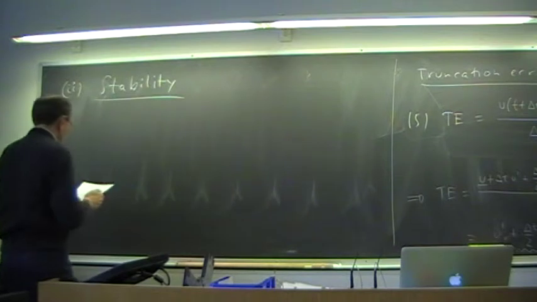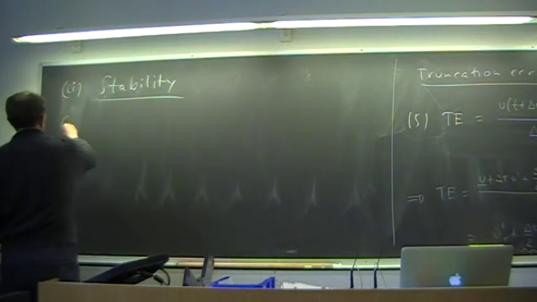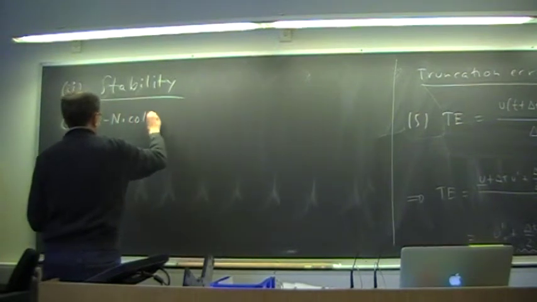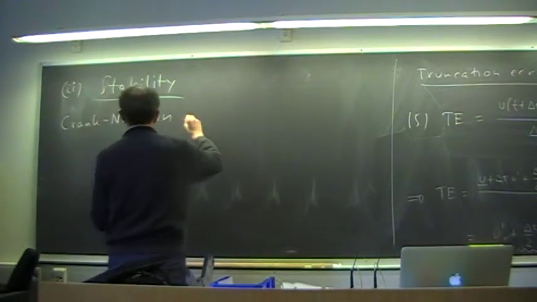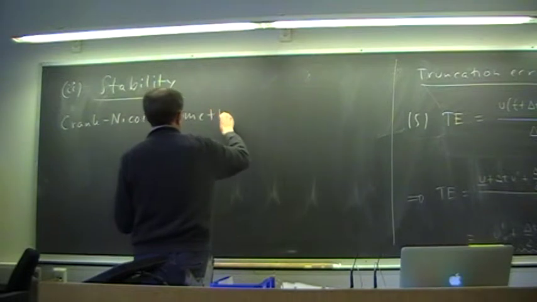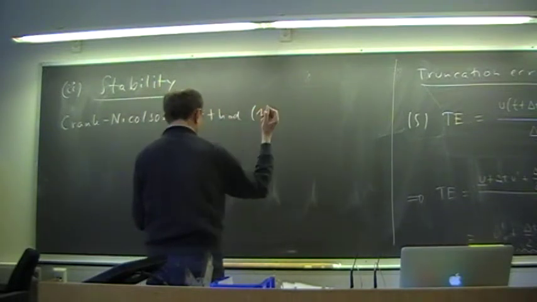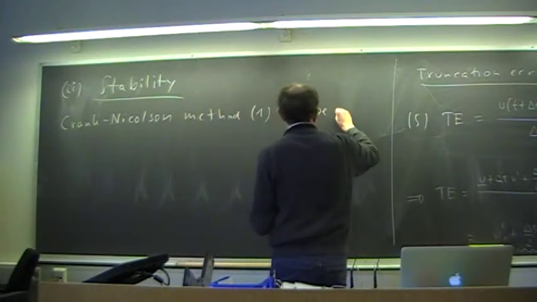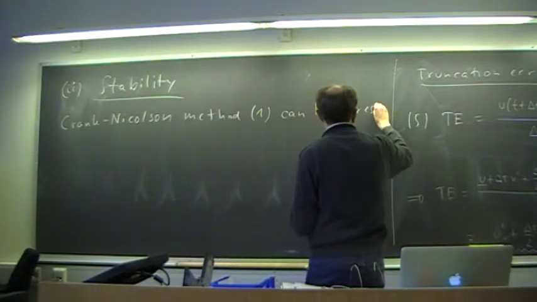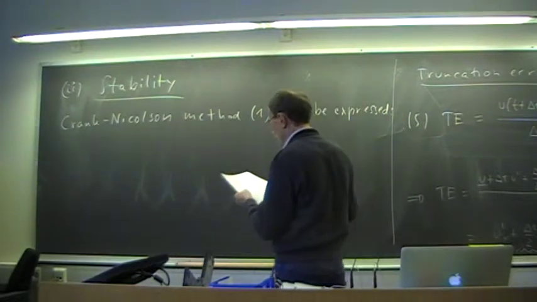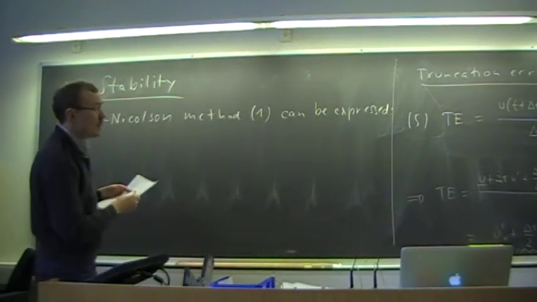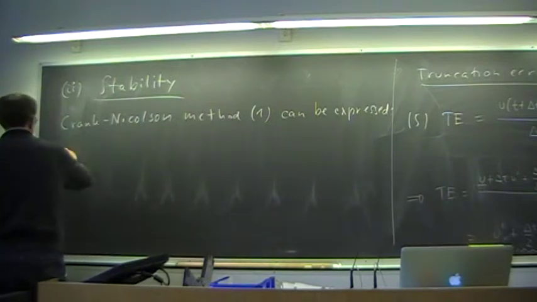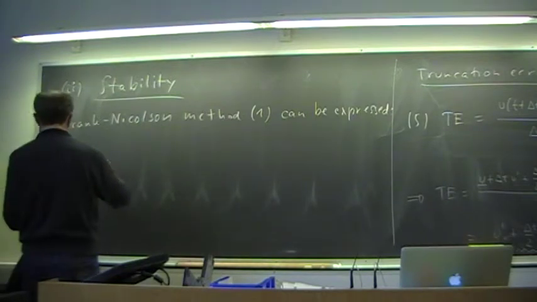The Crank-Nicholson method that we are discussing for the heat equation, that is number 1 of yesterday, can be expressed in the following way. Let's see, that is 5 for the truncation error in time. Let's take this as 6.